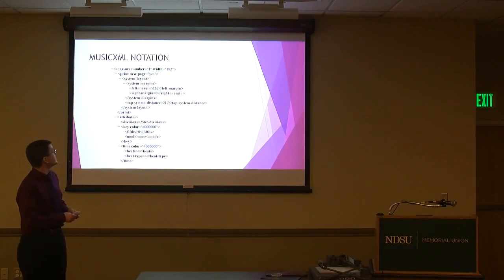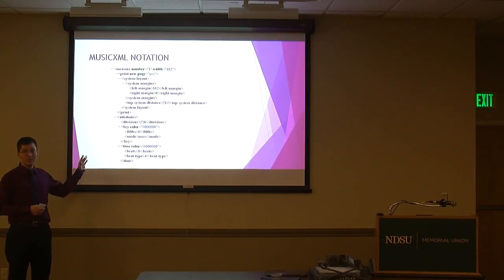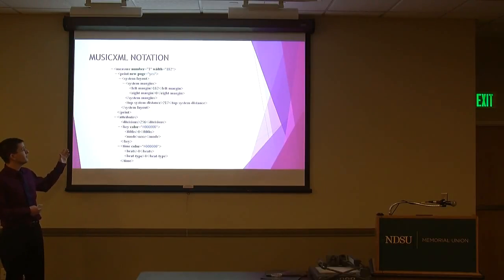I've also included an example here of some MusicXML notation, and you might notice how much this contrasts with the common music notation example that I showed you earlier. As opposed to staves and lines and notes, instead we see a dizzying spiral of XML tags and variable names and attribute values.